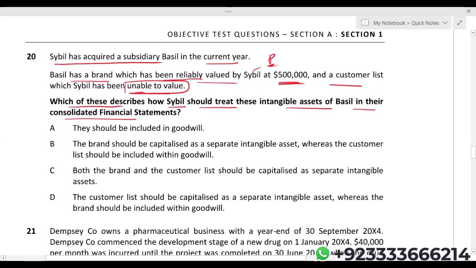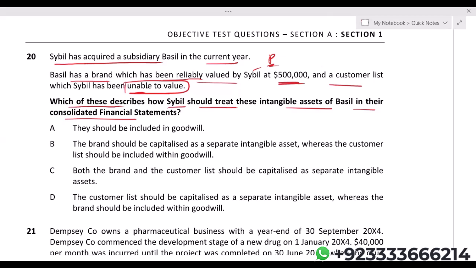There's a customer list as well, which is also an intangible asset, but the problem is the parent is saying they are unable to find the value of the customer list. Obviously, if you are unable to find the value, you cannot do anything. Simply, the fair value adjustment is only one, that is the brand.